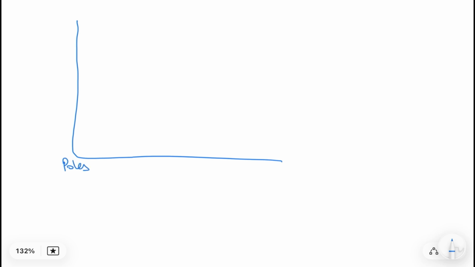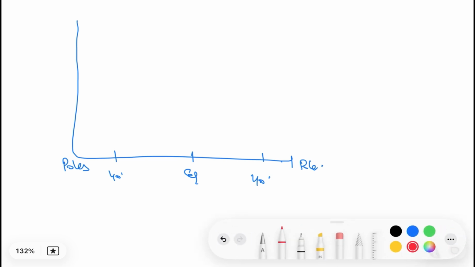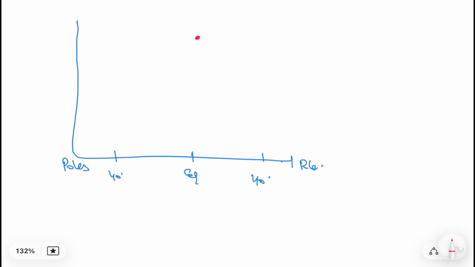We have the pole, we have the equator, and we have the pole here, and here we have around 40 degrees. Since at the equator the angle of inclination is more, insolation will be high here, and towards the poles it gets reduced.